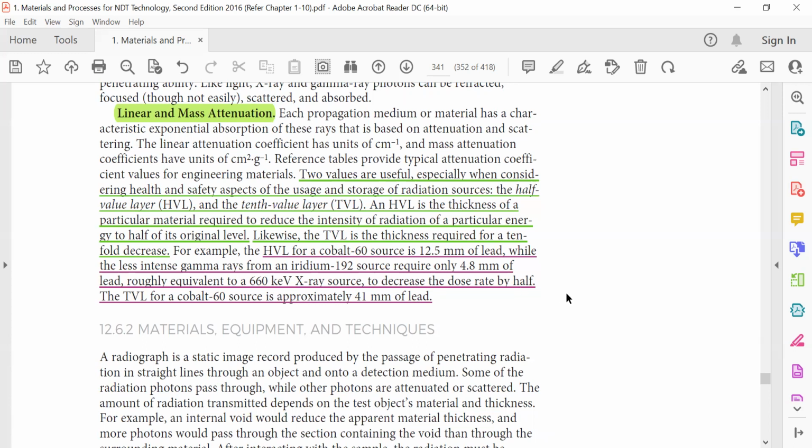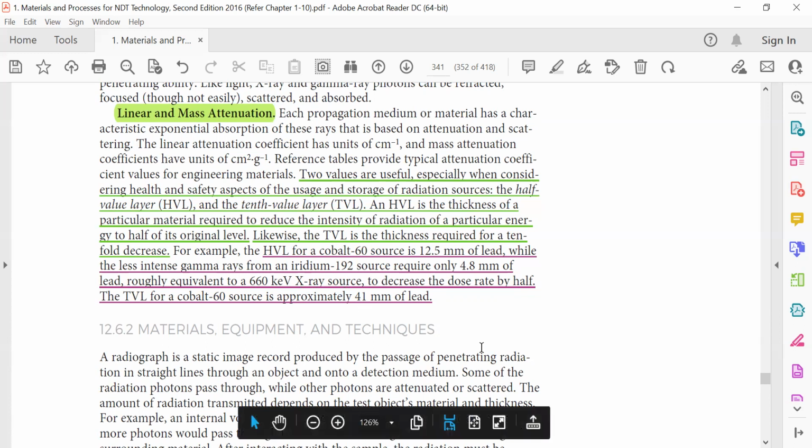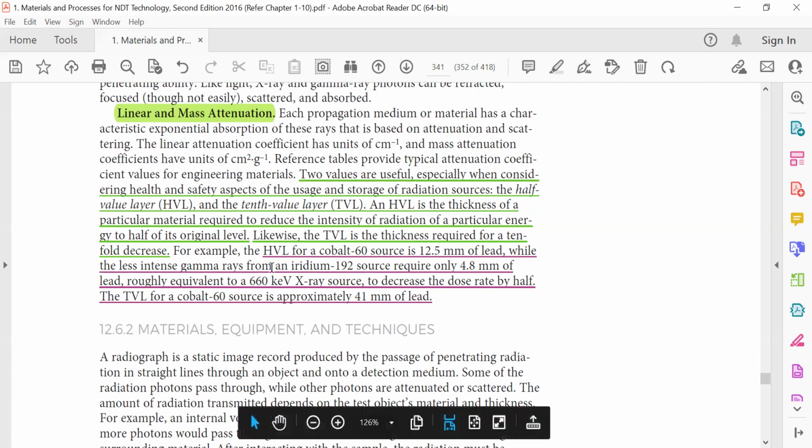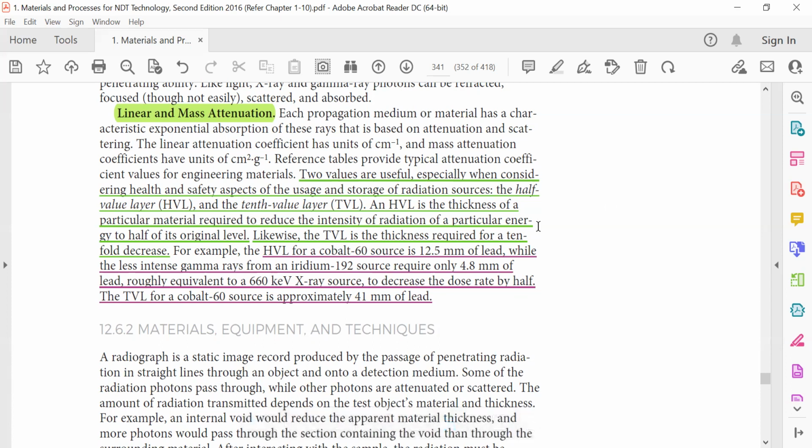To decrease the dose rate by half, the HVL of a cobalt-60 source is used. The TVL at a cobalt-60 source is approximately 41 mm of lead. One TVL is about 3.33 HVL.